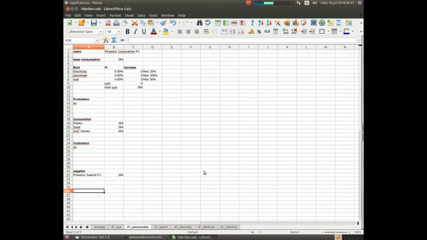To make it simple, we have two sheets. This is the construction warehouse, the basic production, the boosting, and what they ask for. They have no customer because they don't supply anything to others. And here the sawmill, and also how much plank they want.